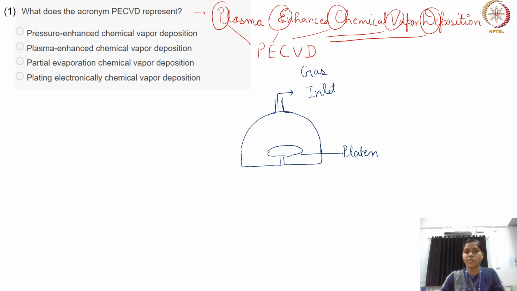Whatever gas we want to introduce in this chamber, we can input that gas from this inlet. Now here, it also consists of an electrode, and that will be connected to a high voltage radio frequency, or simply you can say your RF power supply.